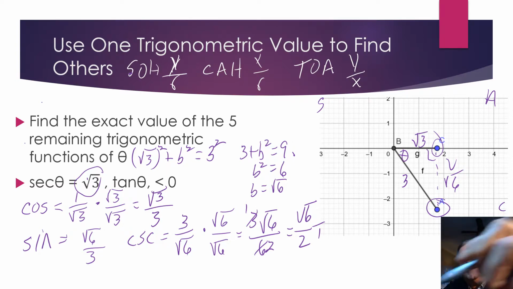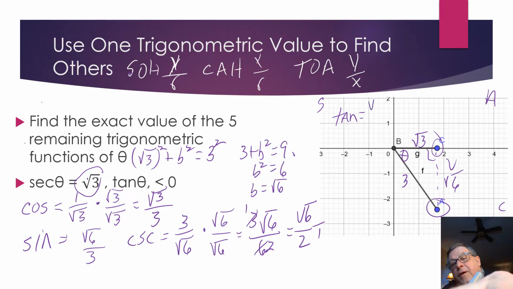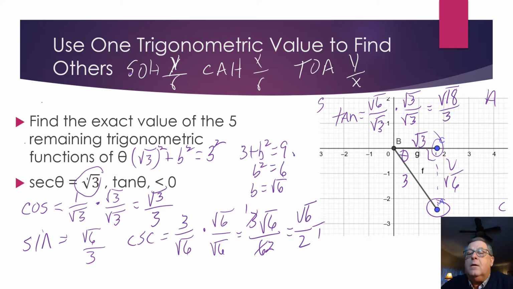Let's do the tangent right up here. So then the tangent is going to equal the square root of 6 over the square root of 3. And I need to rationalize that denominator by multiplying by the square root of 3 over the square root of 3. And so that gives me the square root of 18 over 3.